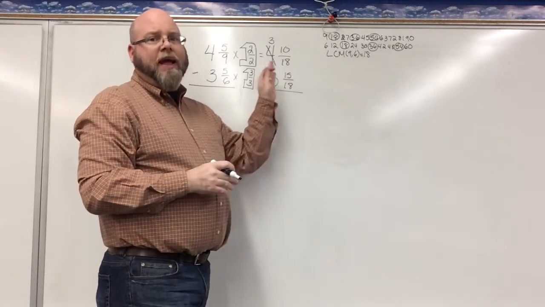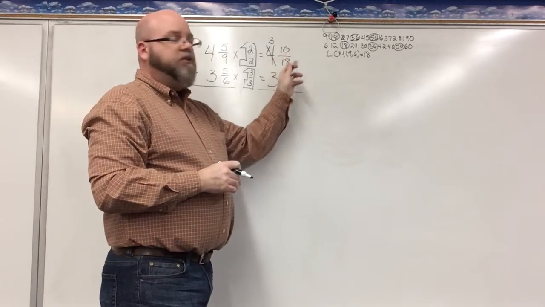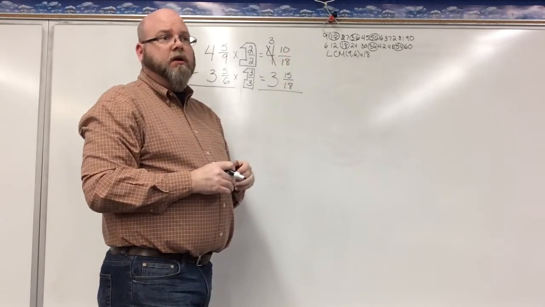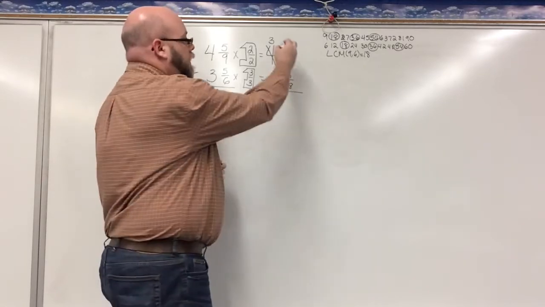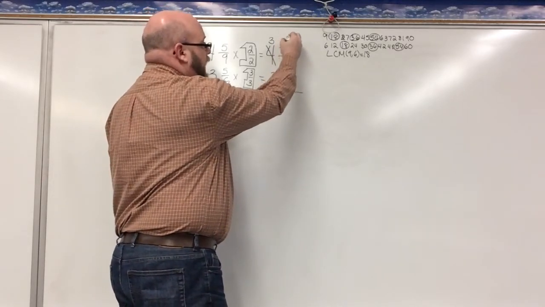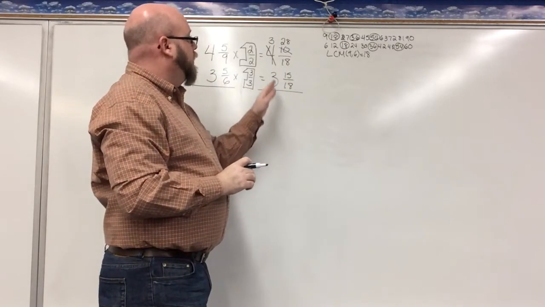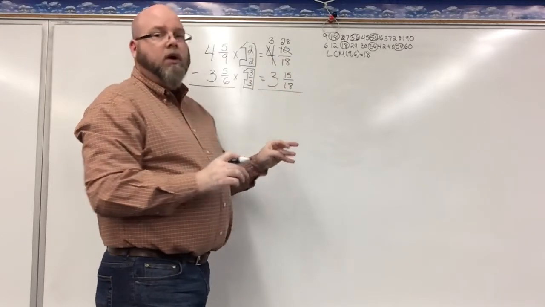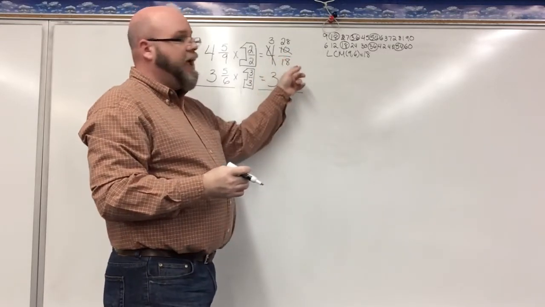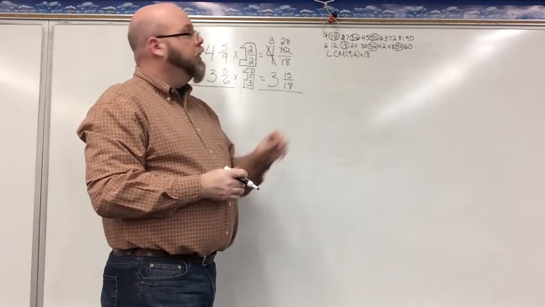So I'm borrowing 18 eighteenths from 4, and I'm going to add it to the 10 eighteenths that are already here. 18 eighteenths plus 10 eighteenths makes 28 eighteenths. So now, instead of having 4 and 10 eighteenths minus 3 and 15 eighteenths, what I have is 3 and 28 eighteenths minus 3 and 15 eighteenths.